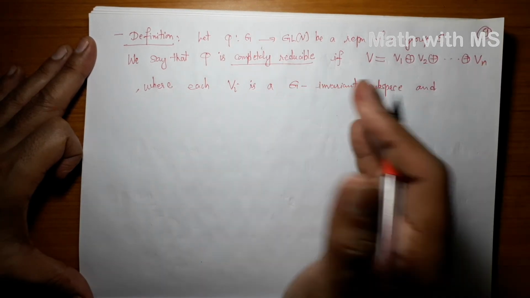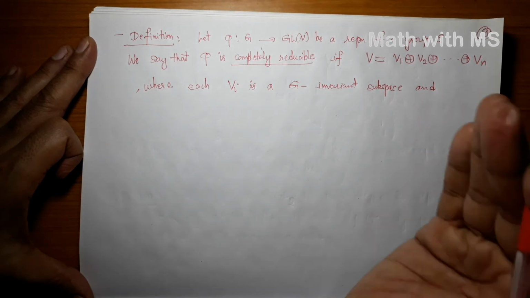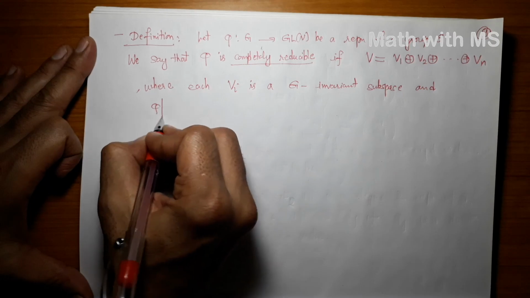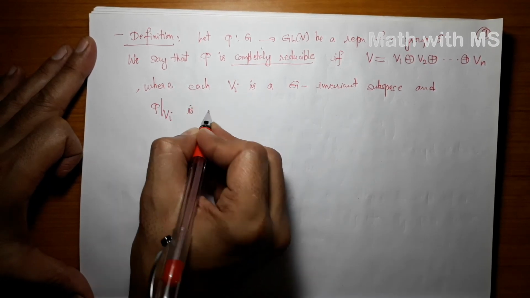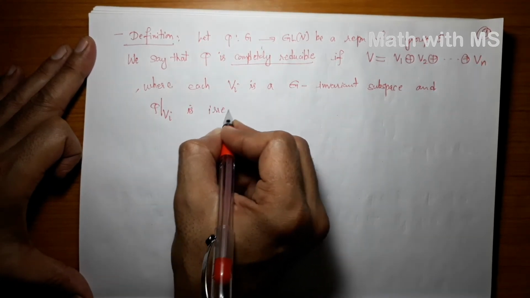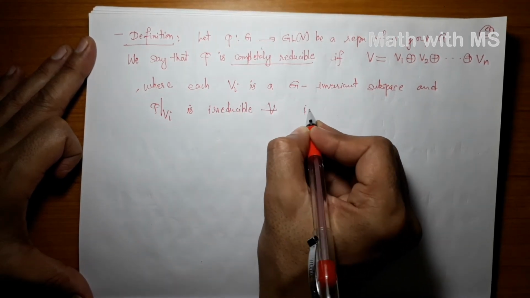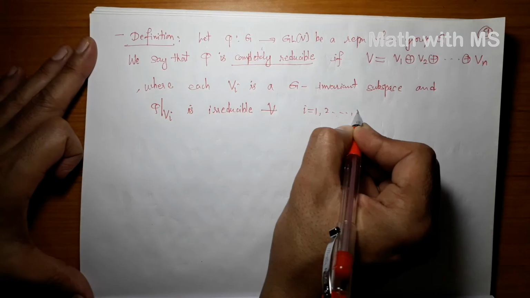Because each Vi is a G-invariant subspace, you can restrict the representation and get sub-representations, and phi restricted to each Vi is irreducible for all i from 1 to n.